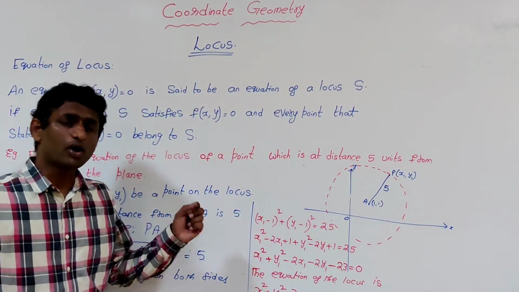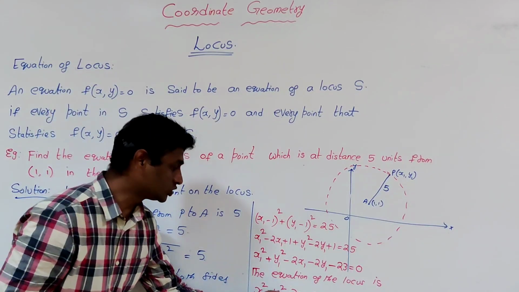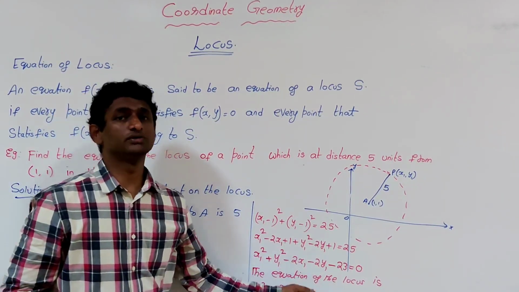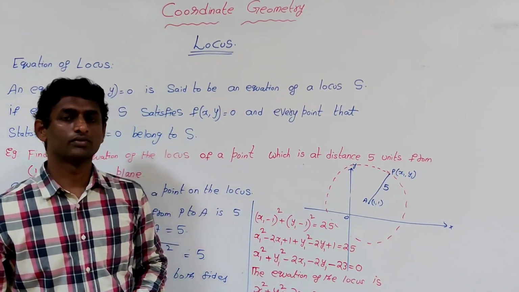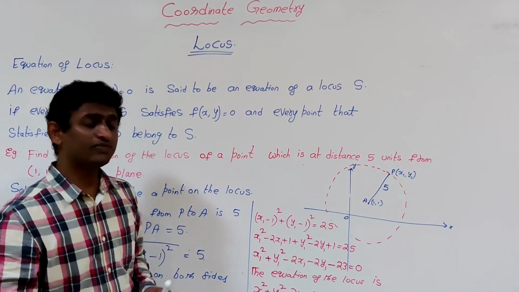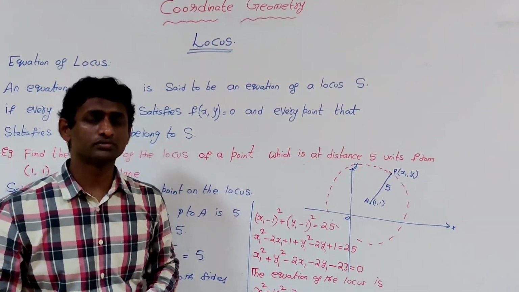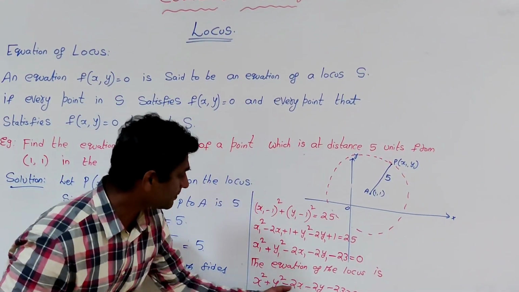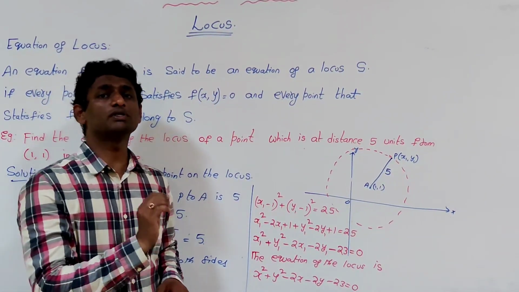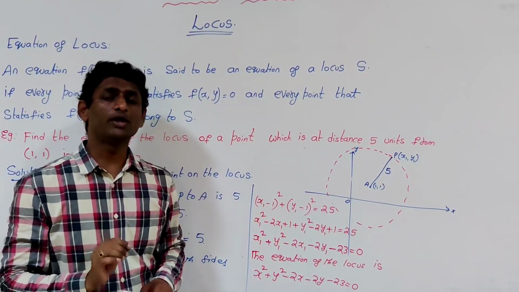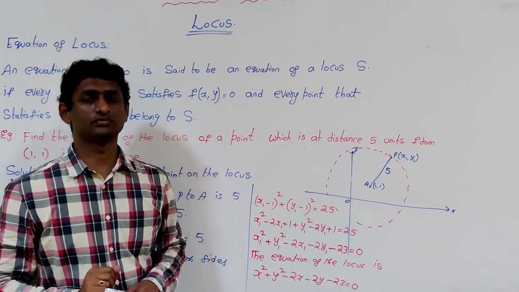Now if we choose a point and substitute, if it is equal to 0, then the point is on the circle. For example, if I choose (0, 0) and substitute, what happens? You get minus 23, which is not equal to 0. Means (0, 0) is not a point on the circle.